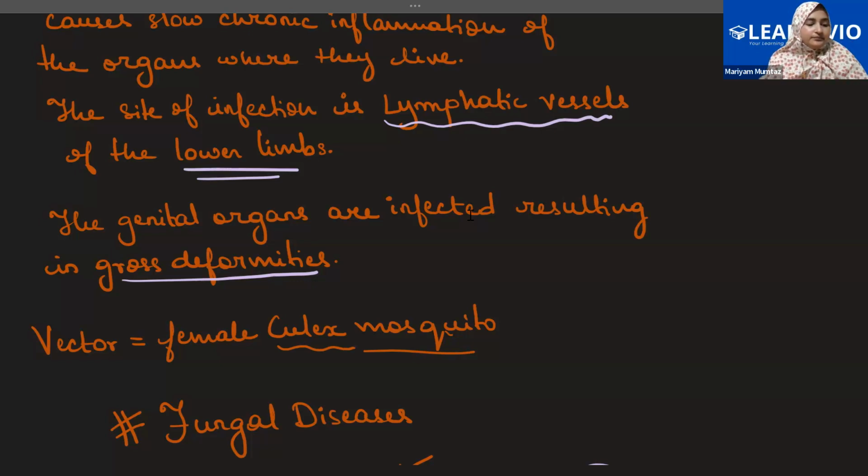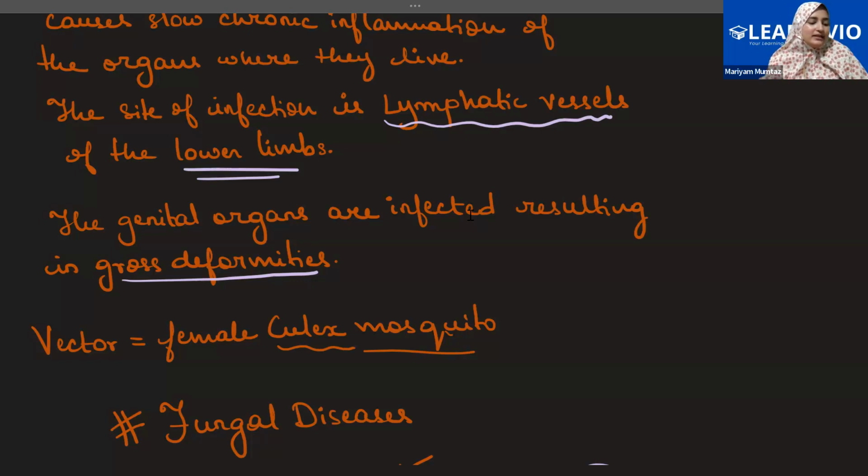Bacterial. Name the pathogen which causes tetanus. Clostridium tetani. Okay. Is it a bacterial or a viral disease? Bacterial. Very good. Okay.